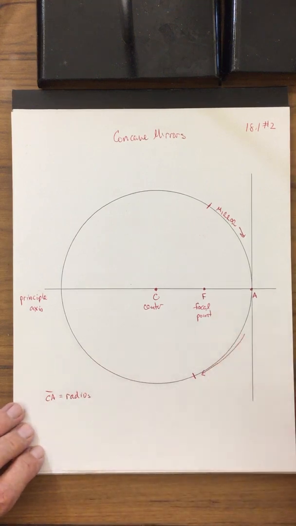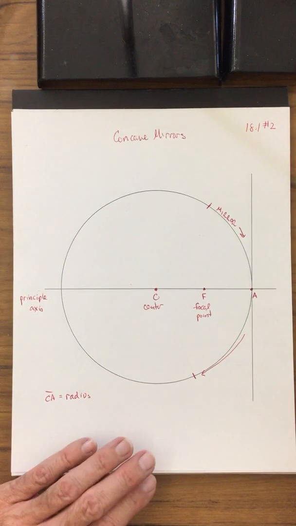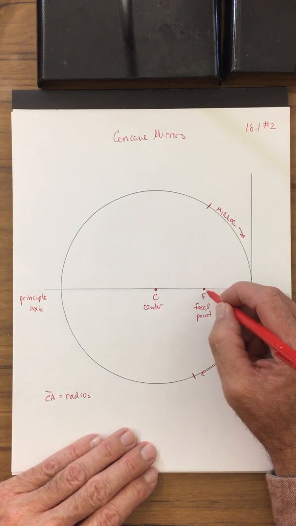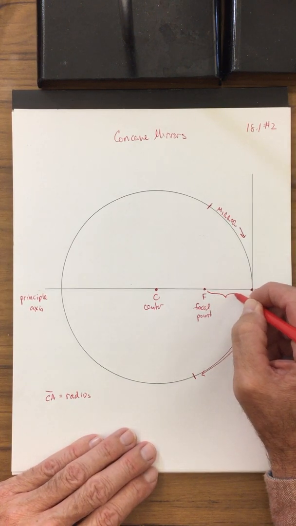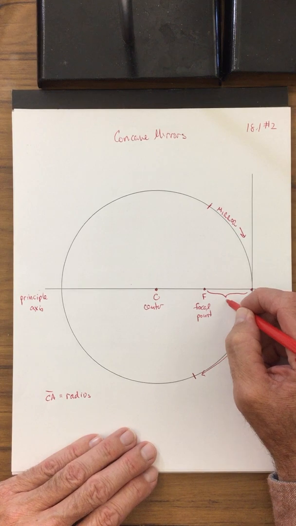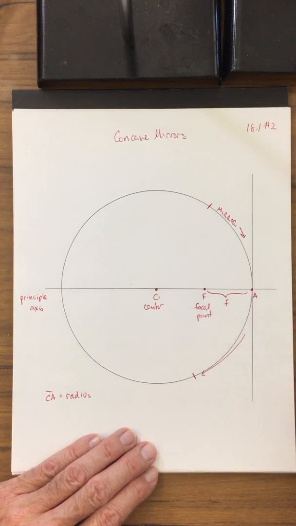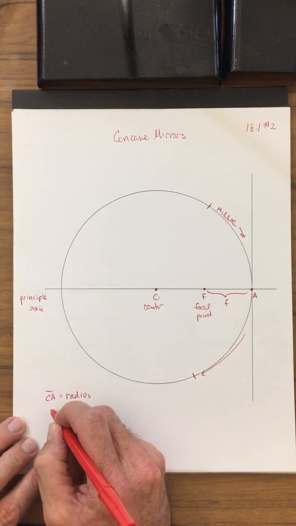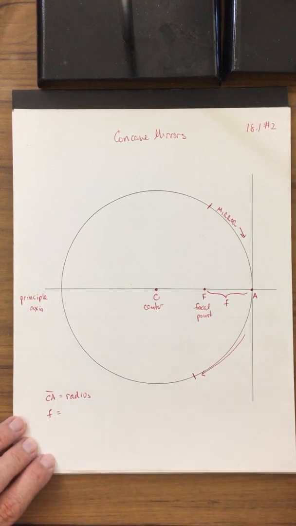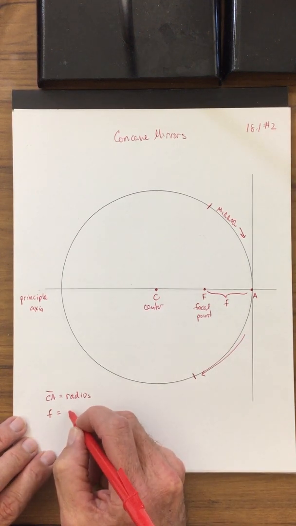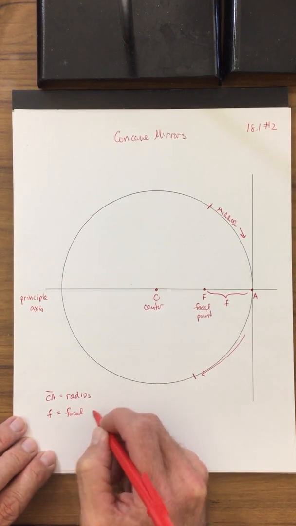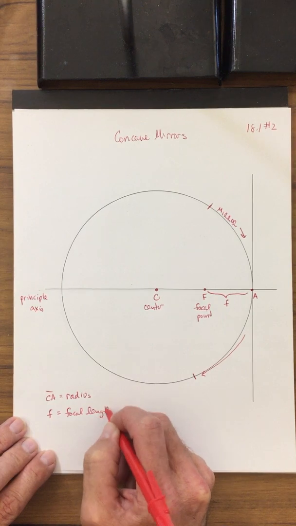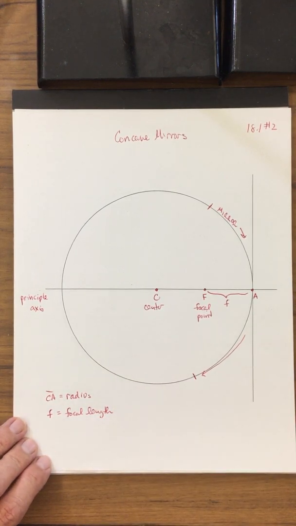Okay, again, F is our focal point, and we also have this length that goes from here to here, which is represented as a lowercase f. This lowercase f is the focal length. So lowercase f is equal to the focal length.